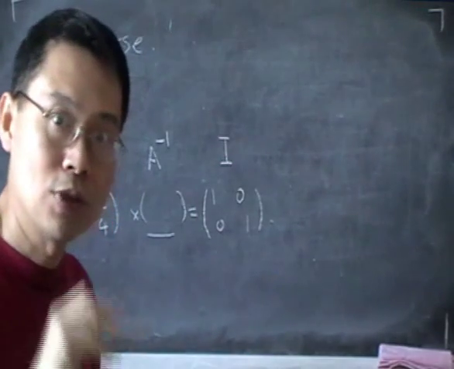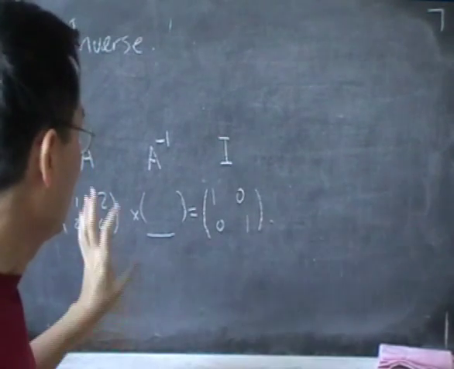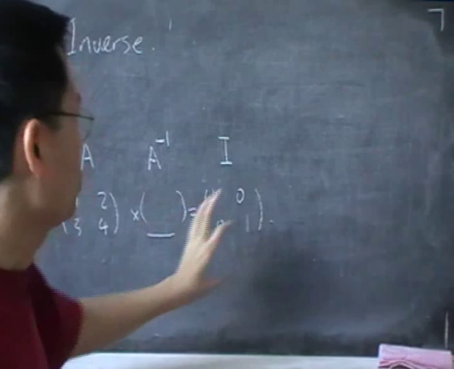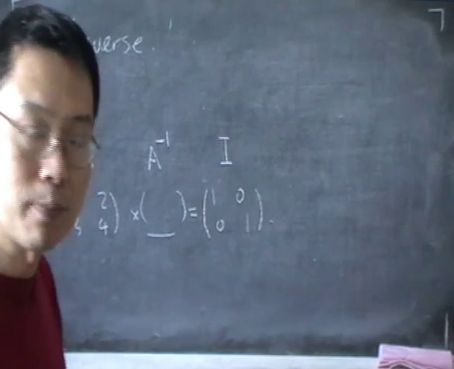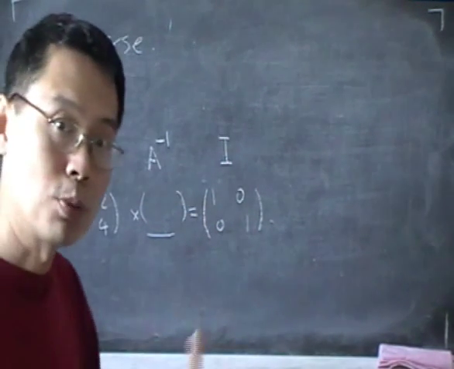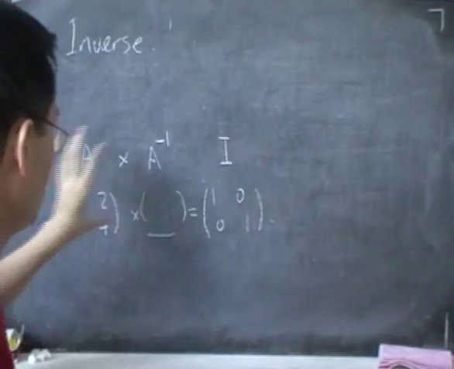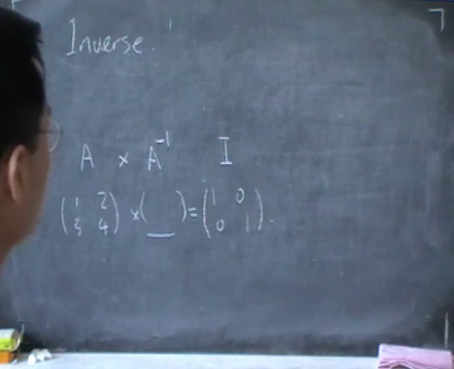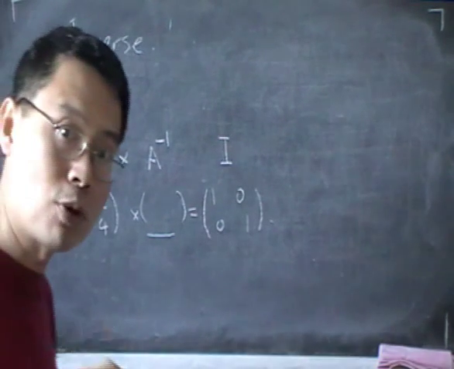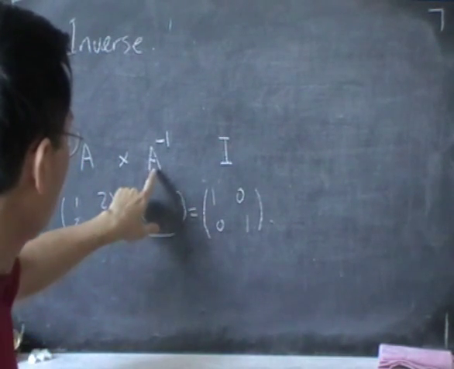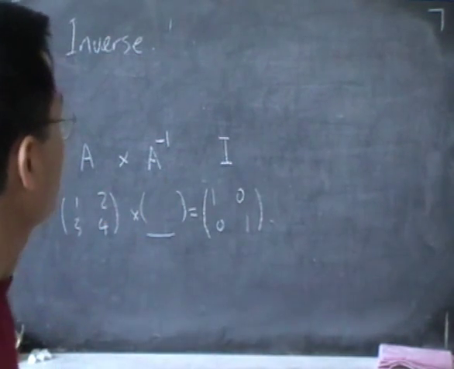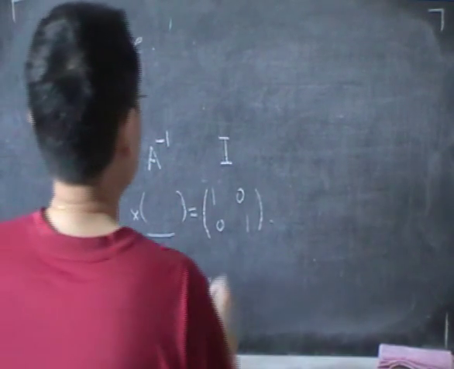It's not just 1 over the matrix. It just means a matrix that will multiply to give you this identity. And there is a formula to find it. So we have made up these symbols here, and now I'll write down the formula that you need to use to find A inverse. So the formula is this.